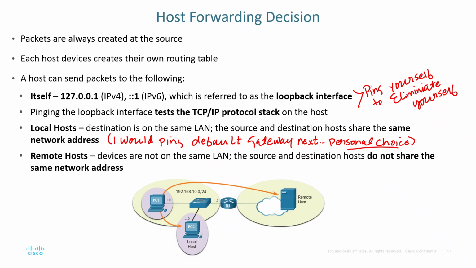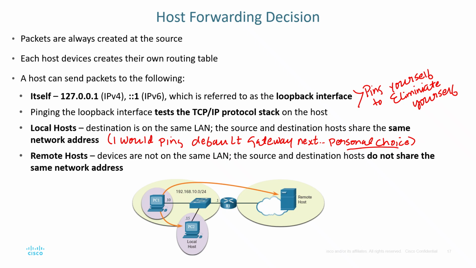That way, if I know I can reach another individual in my LAN, I can assume I have connectivity within my LAN. If I can ping my default gateway, who acts as a host in my LAN, then I know that's good, and I can get out if I need to. Once I do that, I could ping a remote host.